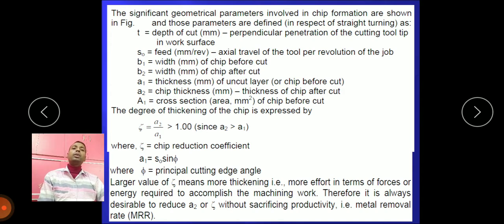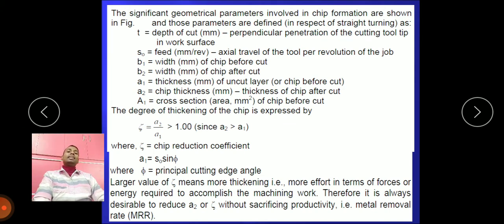H0 is the feed. B1 is the width of the before-cut chip and B2 is the width of the after-cut chip. A1 is the chip thickness of the uncut layer and A2 is the chip thickness after cut.